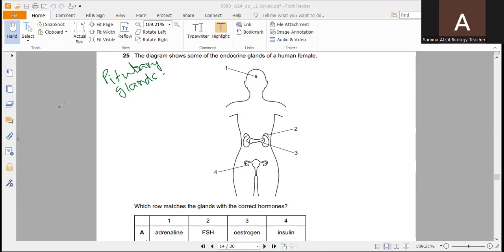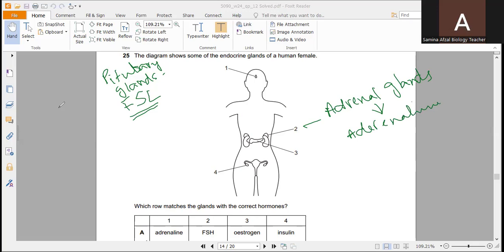It helps in the formation of follicle stimulating hormone, FSH. And at 2, you can see the kidneys. At the anterior side of the kidney, adrenal glands are present, which secrete adrenaline.